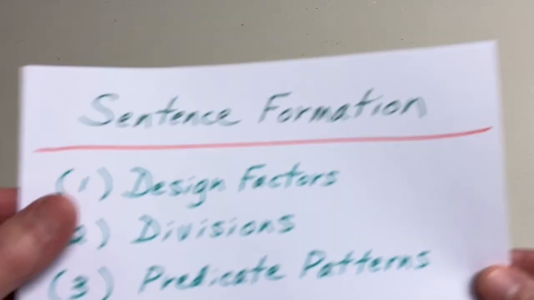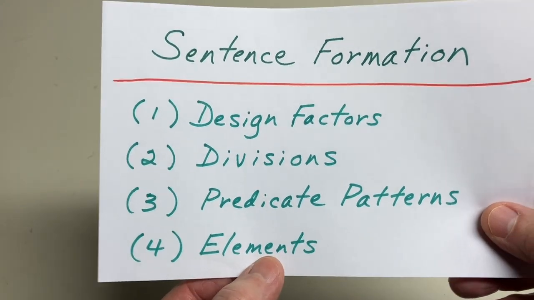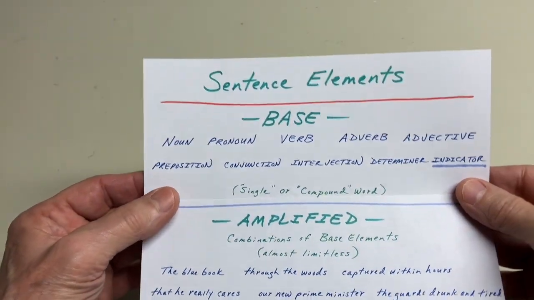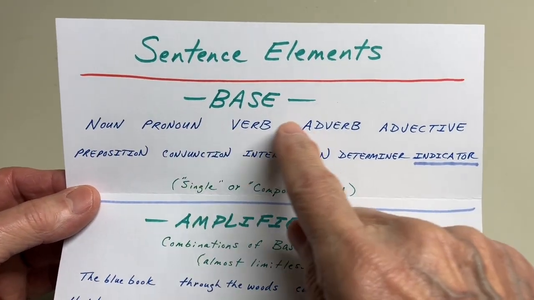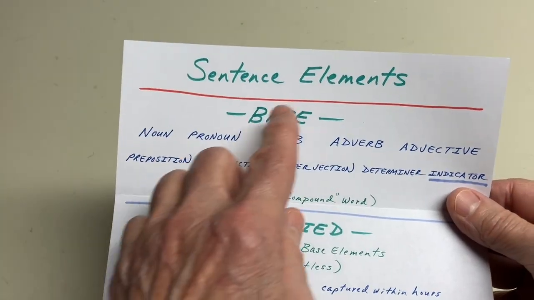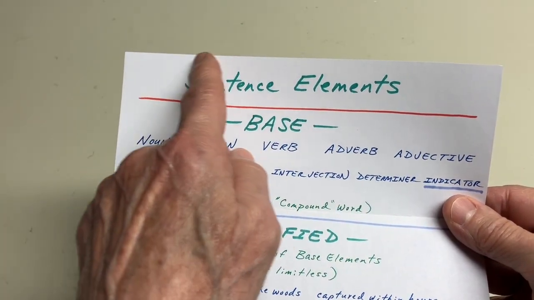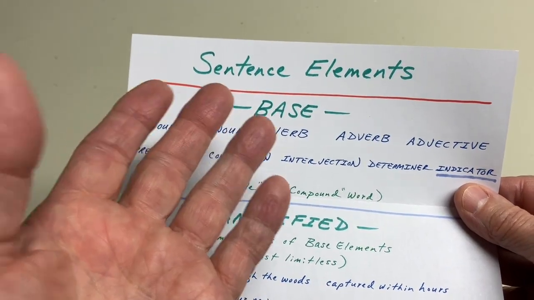Now the next thing on our list, out of order, is elements, sentence elements. Sentence elements are pretty much what you'd call words or parts of speech. This is where I start to stray and go off into my own personal perspective, the thing you see in most of my videos.